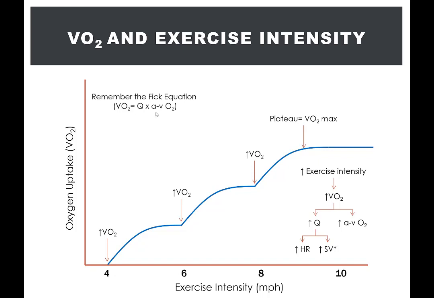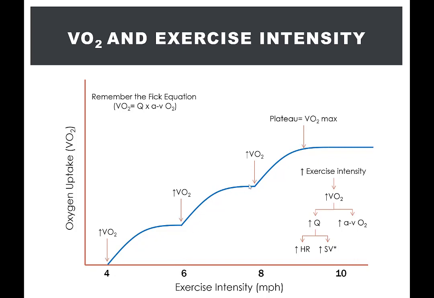So based on the Fick equation again, VO2 is going to increase again until it hits a steady state. It hits this plateau right here. So whatever this VO2 is here is sufficient enough to sustain the oxygen demands of this 6 mile per hour run.